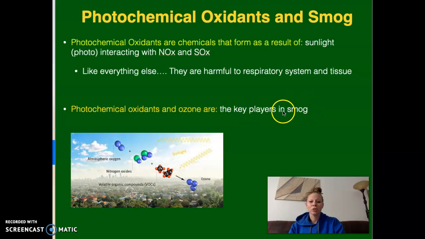Smog is like a big stew of pollutants, and they interact, and the sunlight changes it, and it becomes just this sort of cesspool of pollutants that you don't want to breathe in.